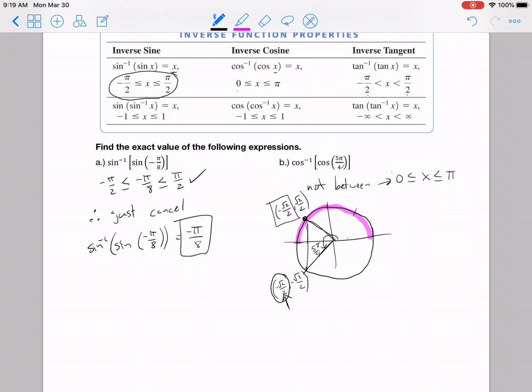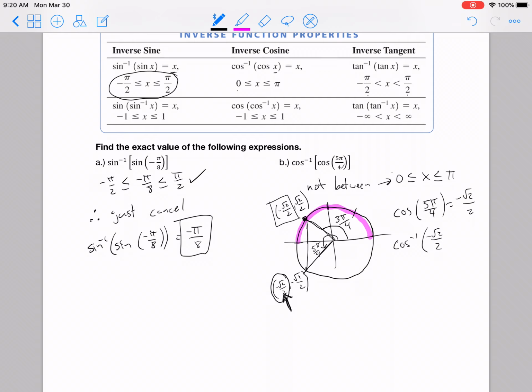And so this is the angle, pi over 4, 2 pi over 4, 3 pi over 4. And so basically what happens is the cosine of 5 pi over 4 gives you negative square root of 2 over 2. That was this value down here. But then the arc cosine, all it ever sees is the negative square root of 2 over 2.